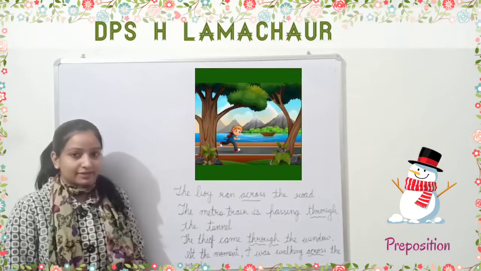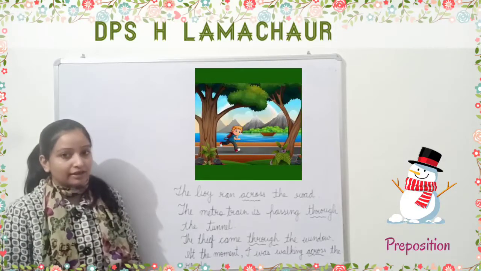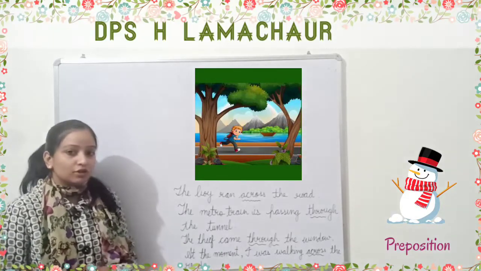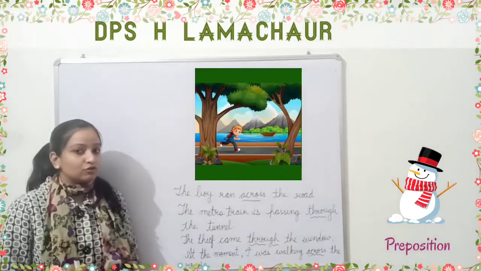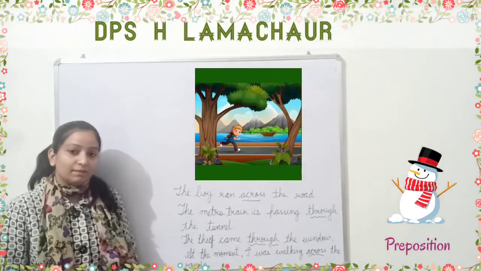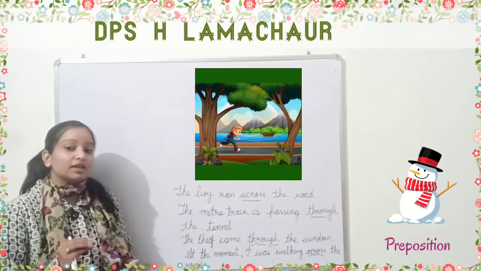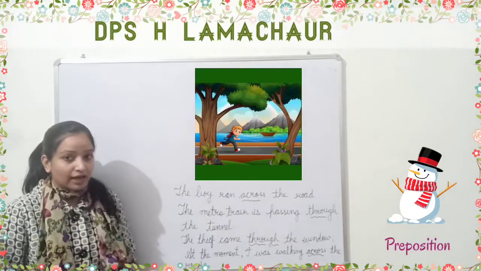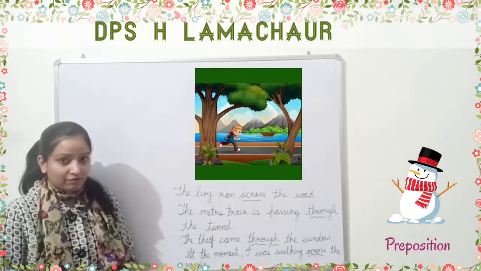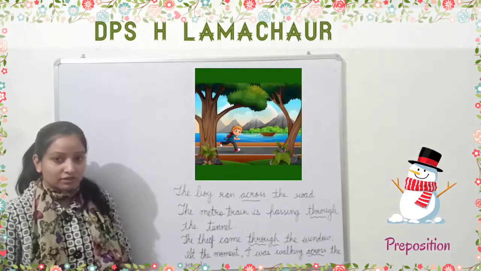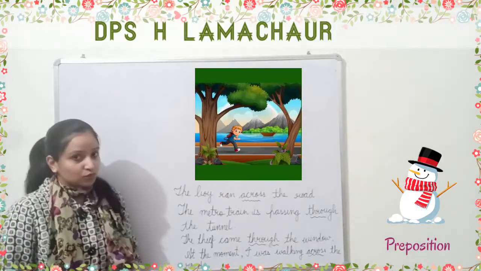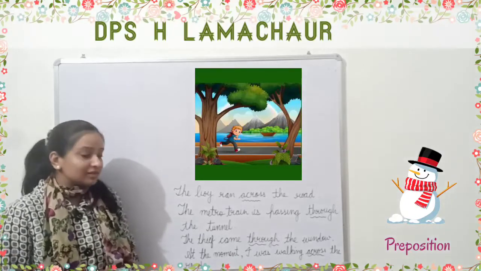So now let us learn about across and through. We use across and through for the same thing when movement is involved. When something is moving from one side to another side, then we use across and through. But a slight difference is there.